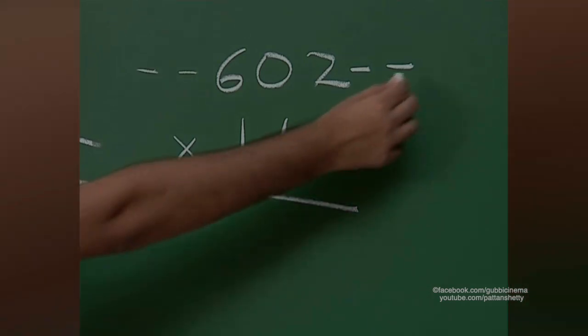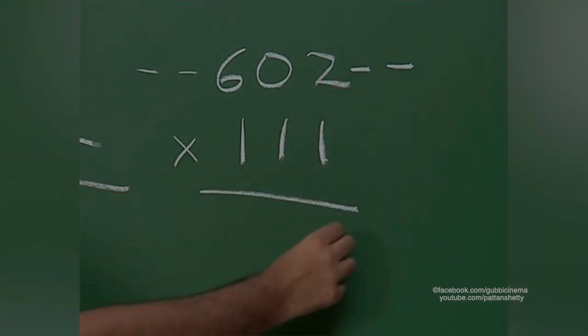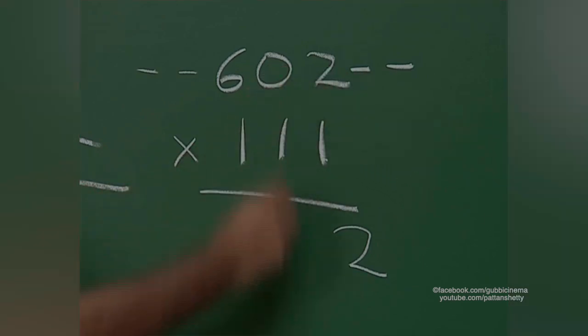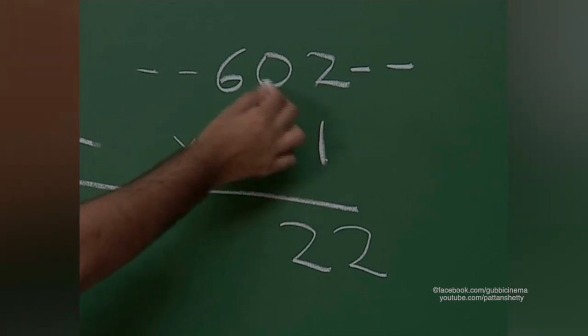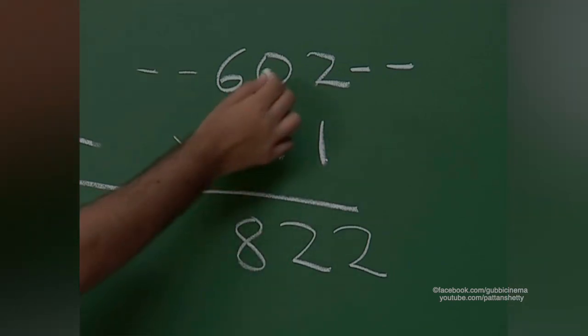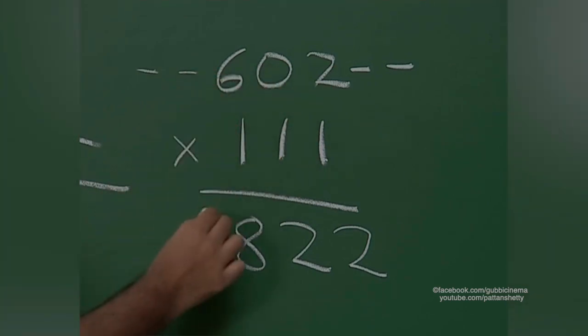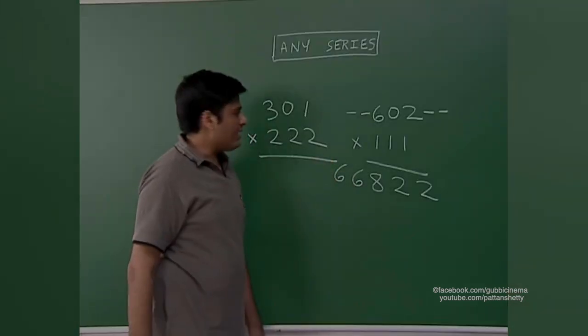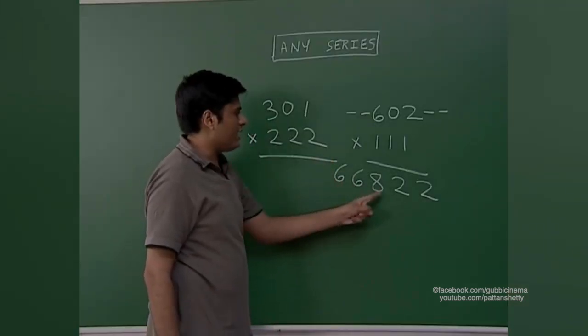So dash plus 2 is 2, dash plus 2 plus 0 is 2, I move to my left, 2 plus 0 plus 6 is 8, I move to my left, 0 plus 6 plus dash is 6, and I move to my left, 6 plus dash is 6. My final answer in this case is 66822.